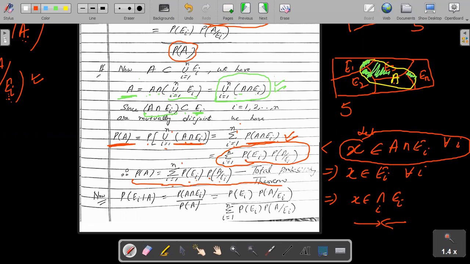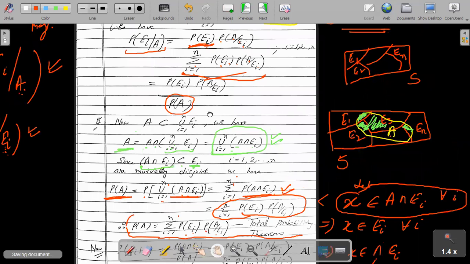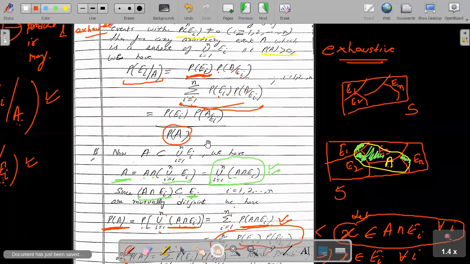Just this much of the portion before Bayes theorem is known as the total probability theorem. So many times only this comes: state and prove the total probability theorem. So what does the total probability theorem say? If E1, E2 and so on are mutually disjoint and exhaustive events, and A is an event which is a subset of union i from 1 to n, so whatever statement we wrote above, then probability of A, which we just proved, is the summation i is from 1 to n probability of E_i into probability of A given E_i.